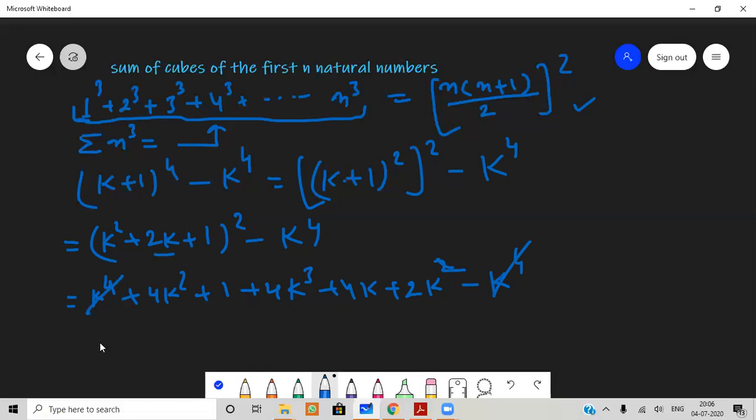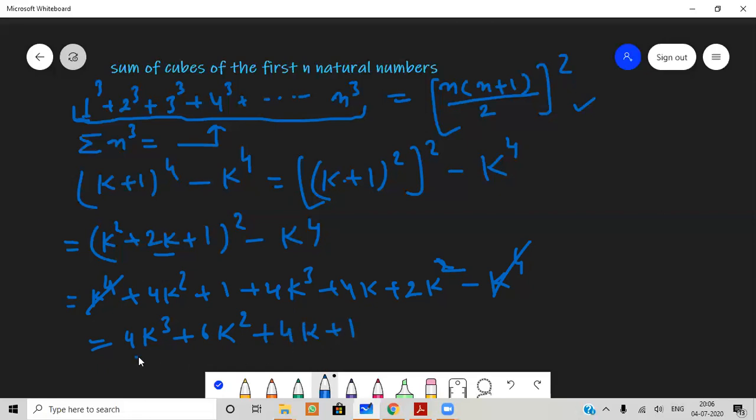So we are getting the expression which is equal to 4k cubed plus 6k squared, like terms added, 4 plus 2, 6k squared, plus 4k plus 1.